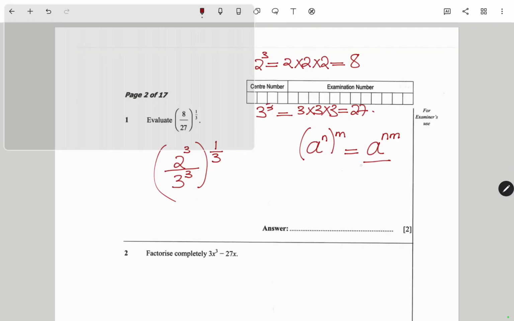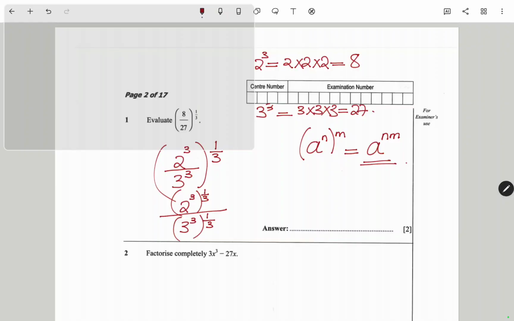So following this rule, we can now simplify this. It will be the same as 2 to the power 3, open brackets, 1 over 3, divided by 3 to the power 3, open and close brackets, 1 over 3.